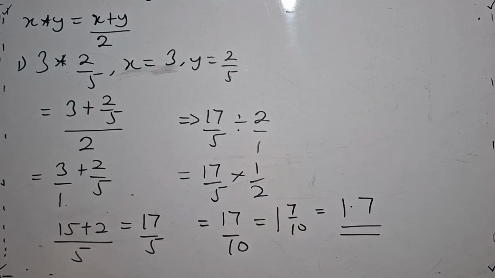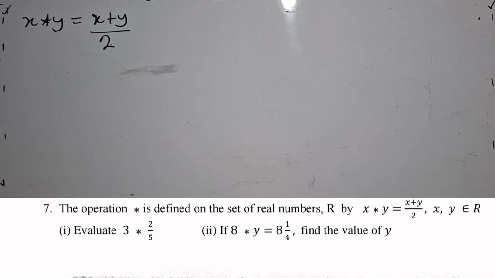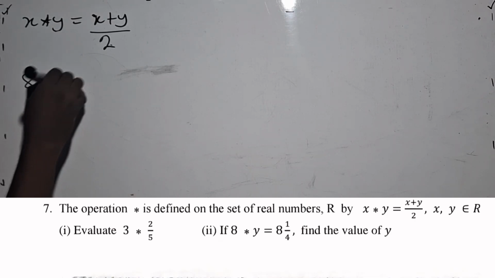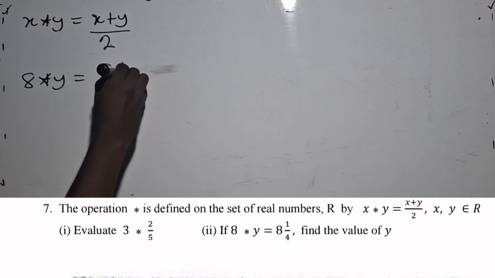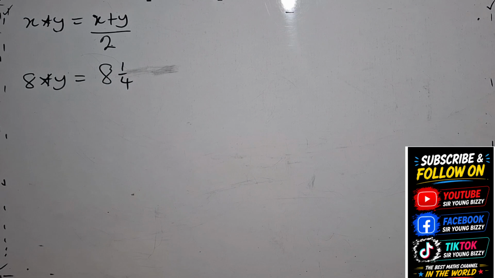So we are going to take the second one and see how we are going to solve it. So find the value of y if, so we have 8 operation y is equal to 8 whole number 1 on 4. Don't be confused. This is like the equal sign question that they gave us.